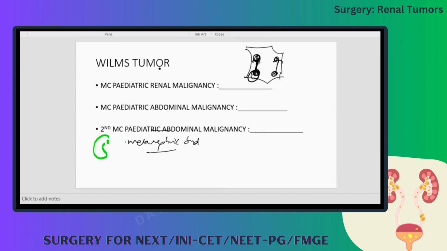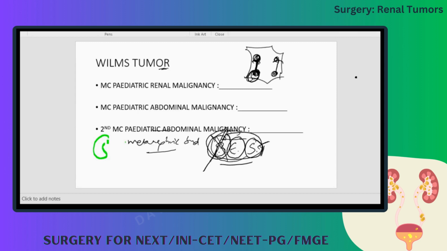This Wilms tumor will start in infancy only. Normally the kidney has three components: blastemal, epithelial, and stromal components. Remember it as BEST: blastema, epithelium, stroma. Once the kidney grows in size and attains its normal location, the blastemal component disappears, and there is only epithelium and stroma. But in Wilms tumor, all three proliferate.